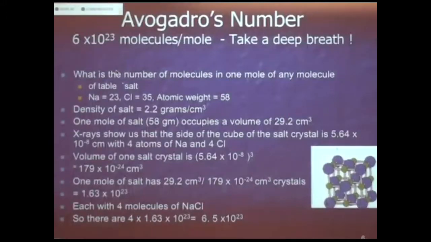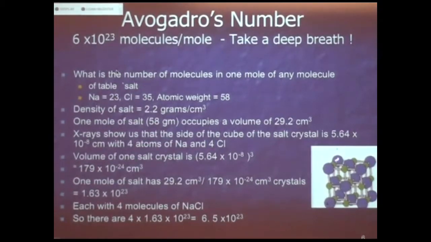Okay? So the volume is 5.64 times 10 to the minus 8 centimeters cubed, which is this number. 5.6 cubed is 179, and 10 to the minus 8 cubed is 10 to the minus 24. So in section, they will help you work with big numbers. And we will work with big numbers to find out how much of Jesus' air you breathed. Okay? So you'll need to know that.